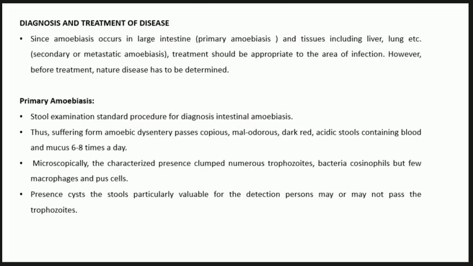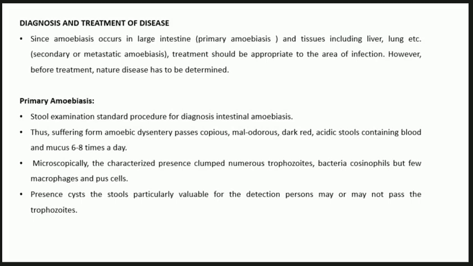In intestinal amoebiasis, we already know the symptom is amoebic dysentery. The stool will be dark red and acidic, containing blood and mucus. This is the first thing observed when the stool sample is taken. Microscopically, staining will be carried out.